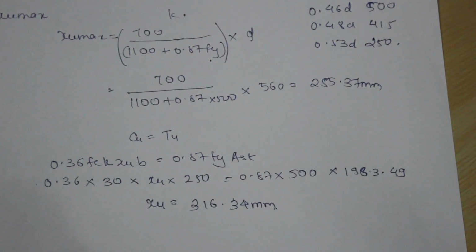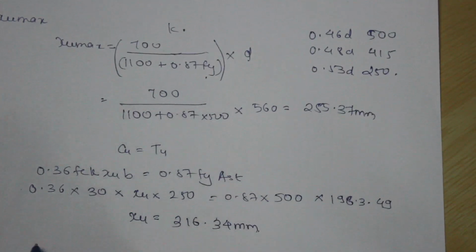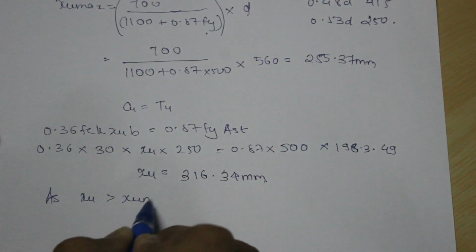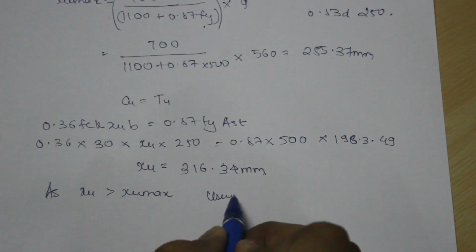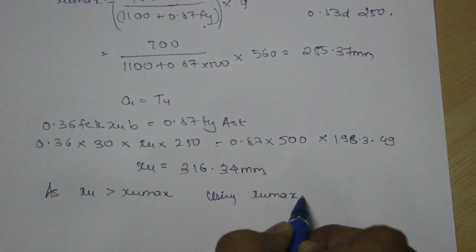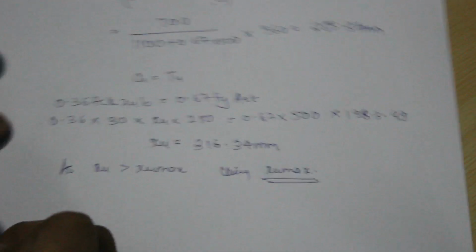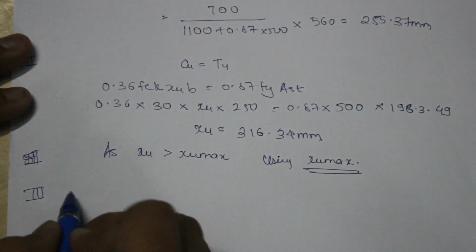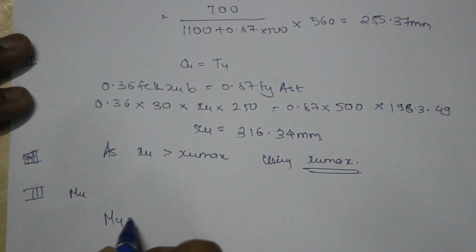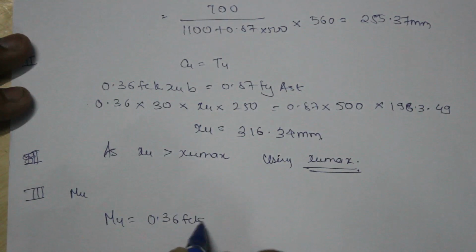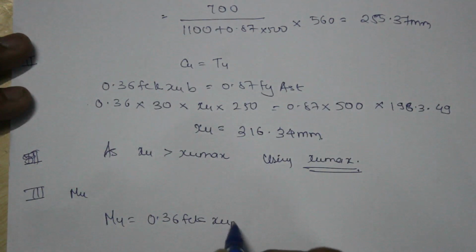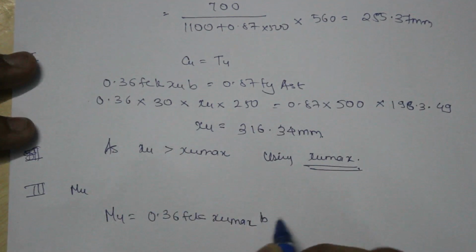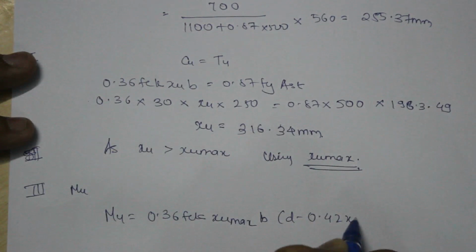So the third step finally, we can write it here as XU is greater than XU max, using XU max. So finally the third step would be to find out the ultimate moment of resistance of the beam, that is Mu. Mu equals 0.36 FCK XU max value, because we are taking the XU max value, B into D minus 0.42 XU max.